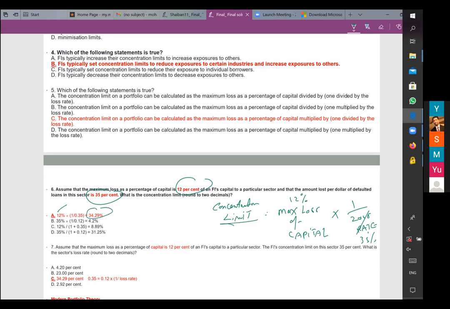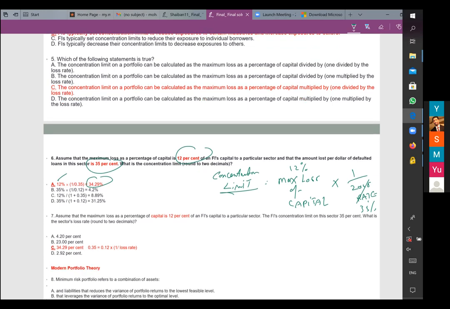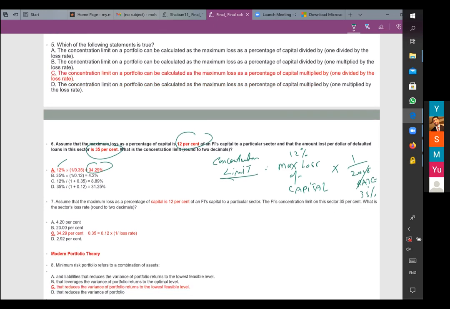Which is this formula. Same thing, if I play again and I told you now, actually the capital is 12%, still 12%, and they want to know the loss rate.